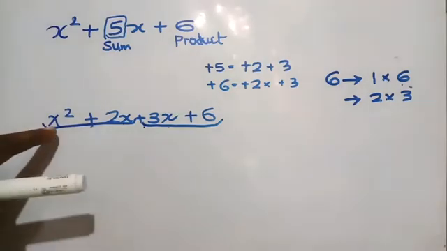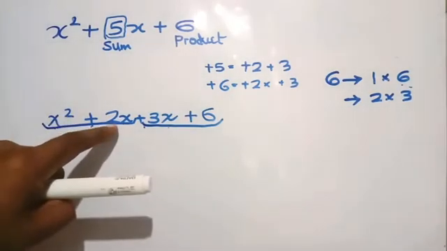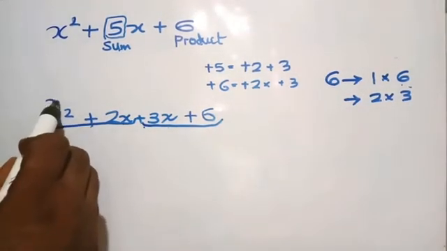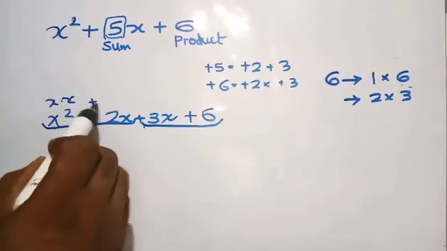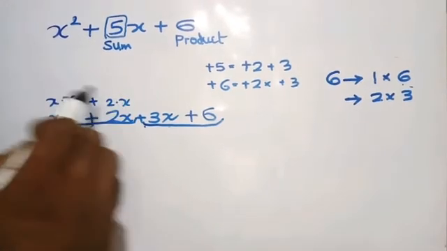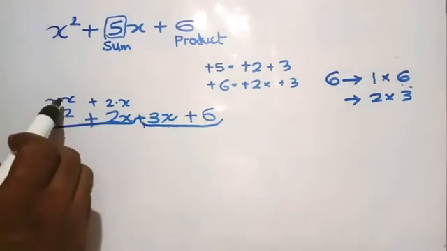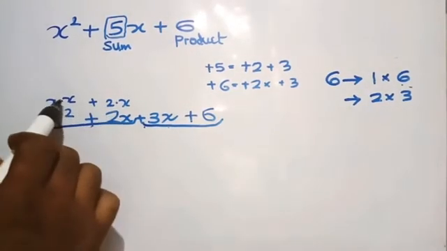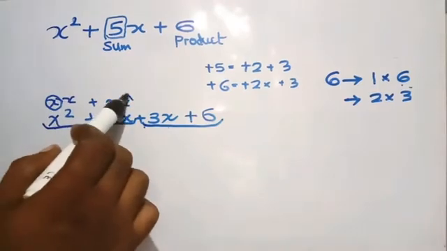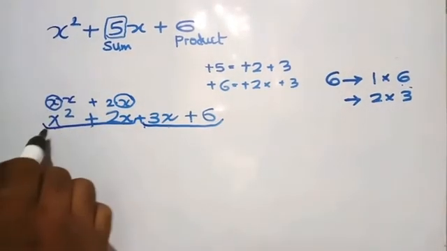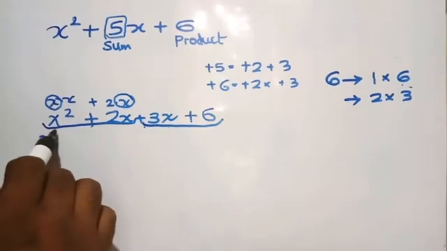This is x into x, and this is 2 into x. These all are rough works, okay? Now what is common in both of these? One x is common. So let's take that x as a common term.